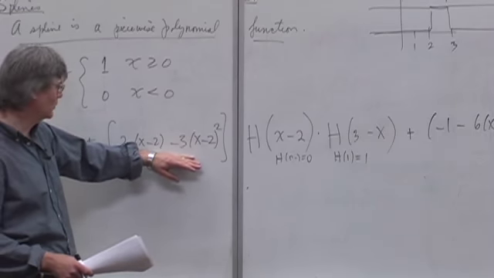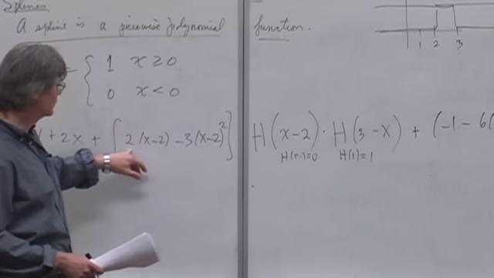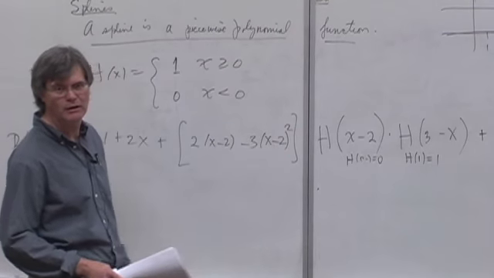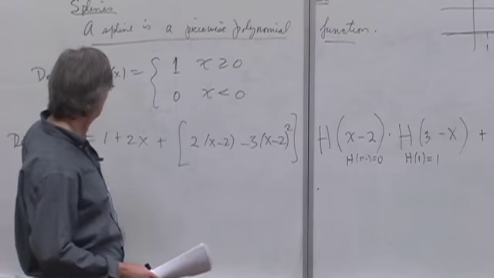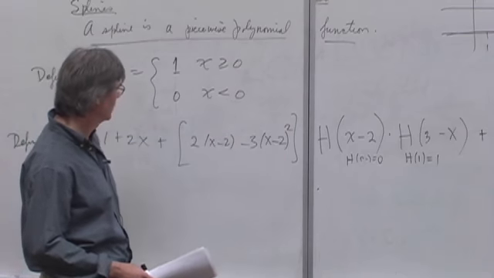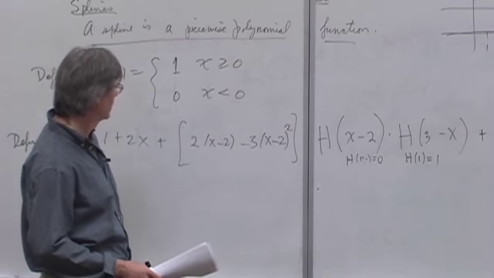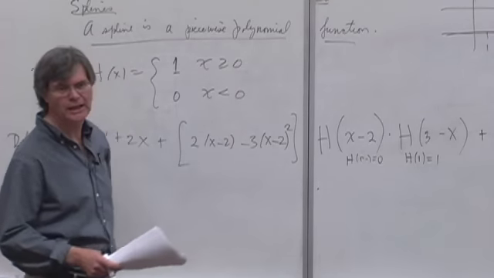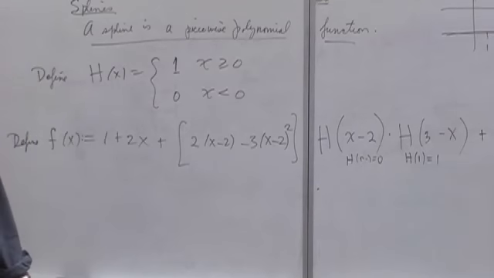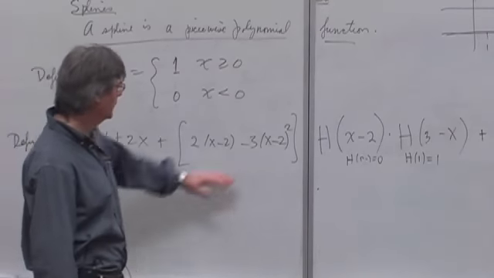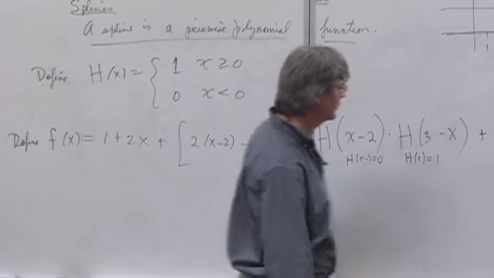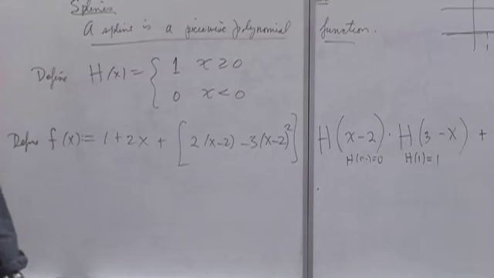For x less than 3, what does this contribute for a slope? 2 minus 6 times 1, which is a negative 4. For x less than 3, so it's 2 minus 4, yeah, that gives me 2 plus 2 minus 6, which is a negative 2. All right? For the slope just to the left of 3. And for x bigger than 3, this doesn't contribute, but that one will. They give me another negative 6, so then I get 2 minus 6, okay, for a negative 4 for x bigger than 3.